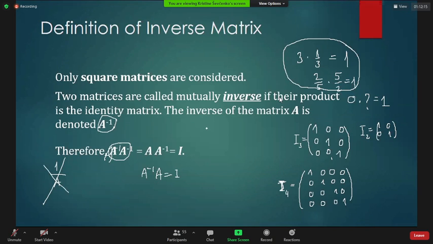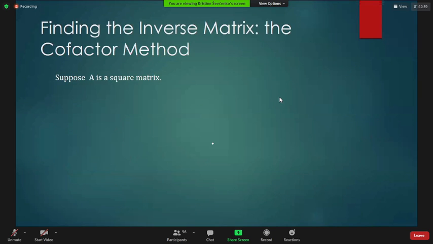Now the question is, how do we find it? That's a serious question, because if you don't know how to find the inverse matrix, then what's the use of defining it? So the size is of course the same. It will have the same size, the same shape, square matrices, same order, of course, naturally. But how to find it? Now let us see. We have the cofactor method.